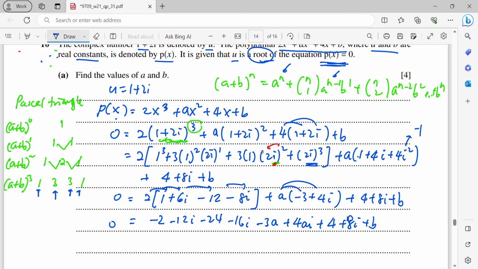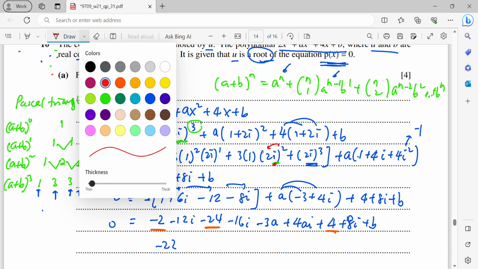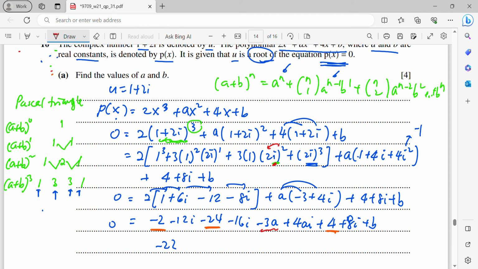So now I will simplify my real part. Minus 2 minus 24 is minus 26, after that plus 4. Minus 26 plus 4 is minus 22. So I'm getting negative 22, and then the terms without the i, here and b. Okay, so put them in one bracket. So I will get negative 3a plus b. That will be my real part.